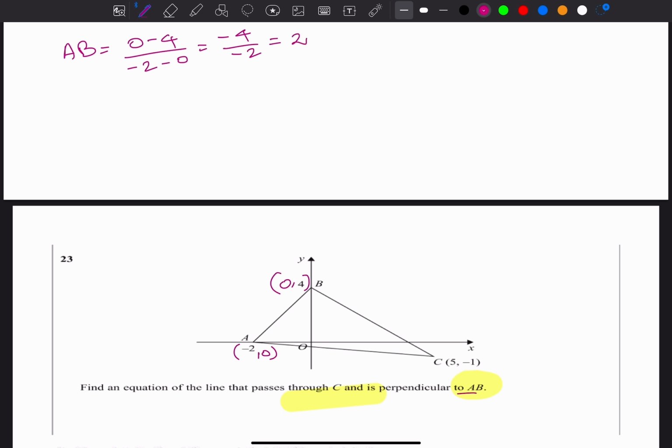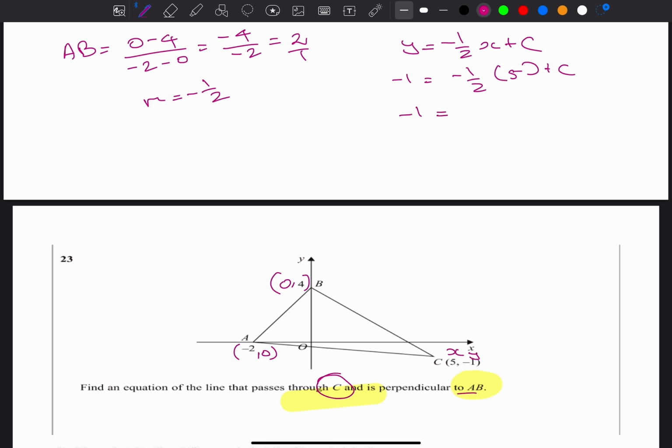But you don't want that gradient. You want the other gradient. Technically 2 means 2 over 1 anyways, so the other gradient is minus 1 over 2. So y equals minus 1 over 2 x plus c. And where does it pass through? It passes through C, so you have to substitute the C coordinate in it. y is minus 1 equals minus a half, x is 5, plus c.